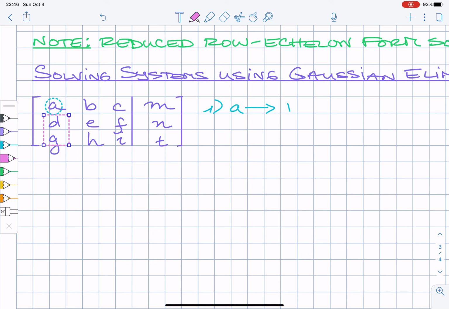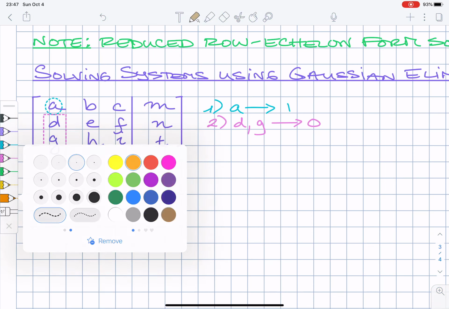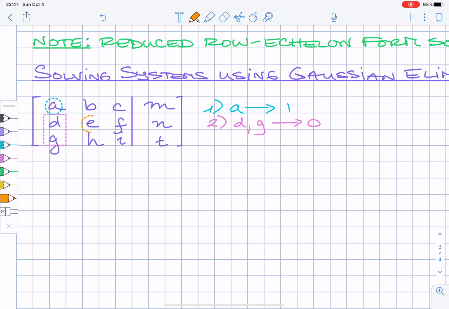There we go. Okay, so step 2, I want that D and G both go to 0. Then step 3, E to go to 1.